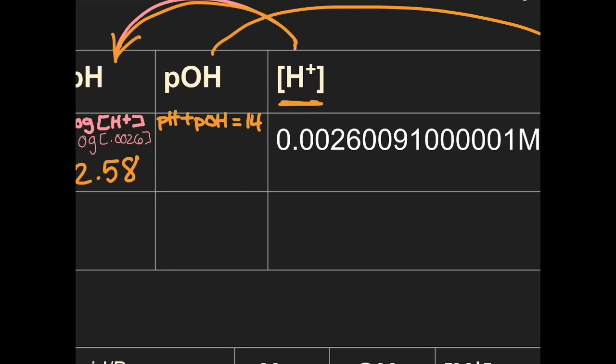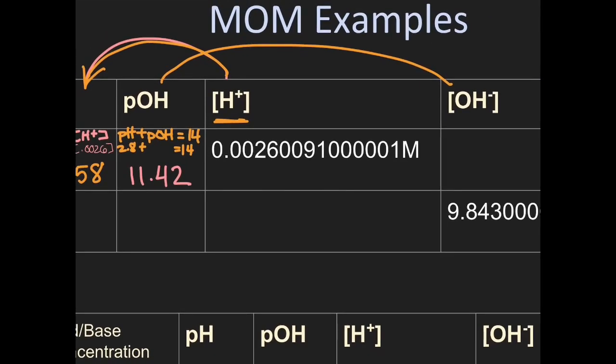If I know my pH, then I can find my pOH, because pH plus pOH equals 14. If my pH is 2.58, what do I need to add to get to 14? In your calculator, do 14 minus 2.58, and you would get a pOH of 11.42. Now that I have my pOH, I can go over here and find my OH concentration.